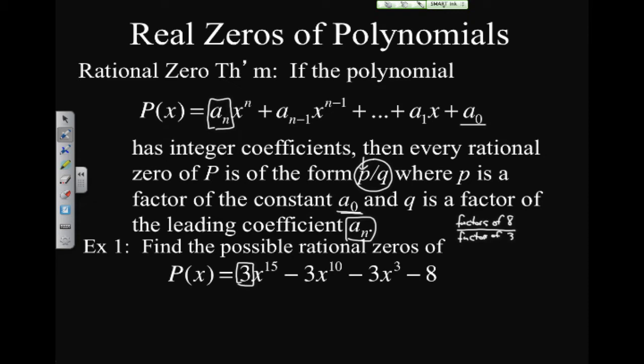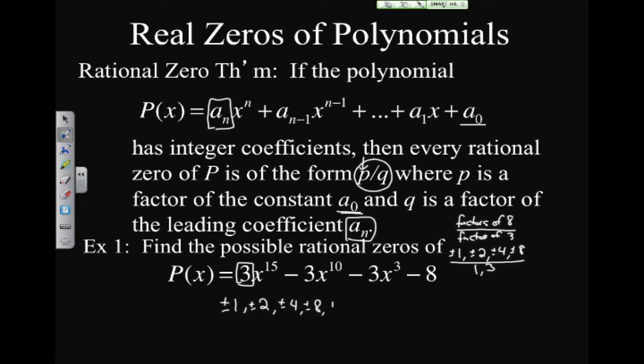So for the top numbers, you could have plus or minus 1, plus or minus 2, plus or minus 4, or plus or minus 8. On the bottom, we just have options of 1 and 3. So then we have to put together all the combinations of those. So we can have plus or minus 1 over 1, plus or minus 2 over 1, plus or minus 4 over 1, plus or minus 8 over 1.